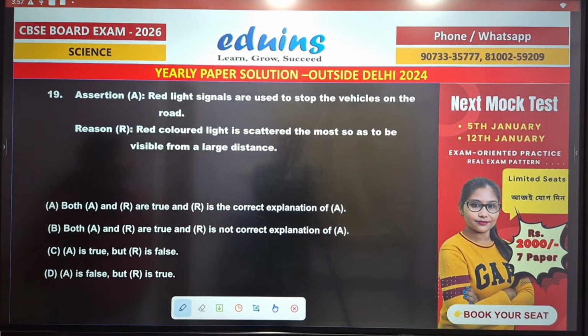Option A, both A and R are true and R is the correct explanation of A. B, both A and R are true and R is not the correct explanation of A. Option C states A is true but R is false, and option D, A is false but R is true.